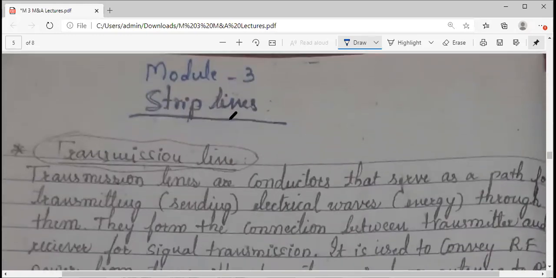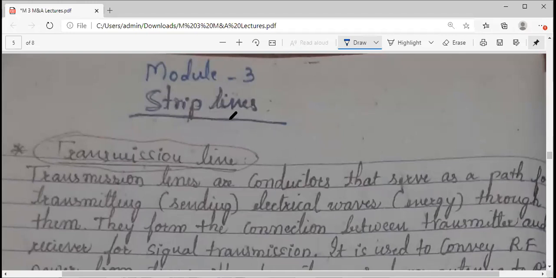Now coming to the next module. Now we have to start module 3, that is strip lines. As I've told you, the subject name is Microwaves and Antennas. The first two modules we have dealt with the microwaves part, and still we need to go for the antennas part. So strip lines fall under that category because you have strip antennas.